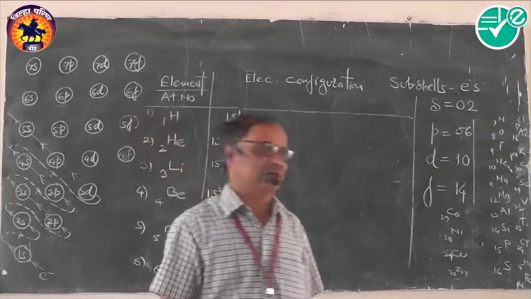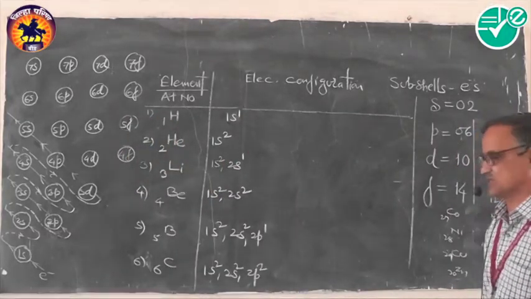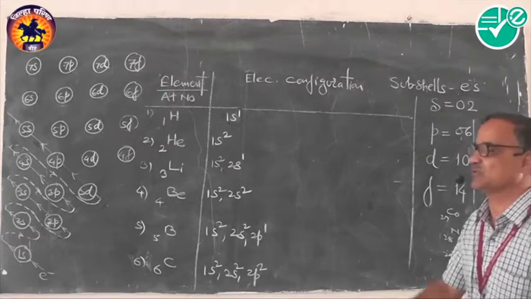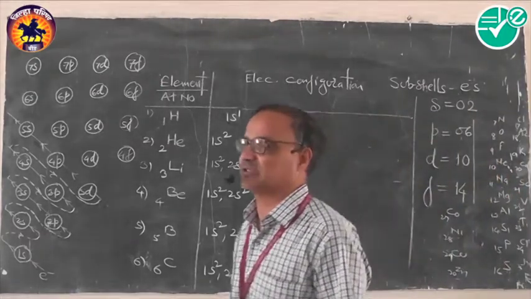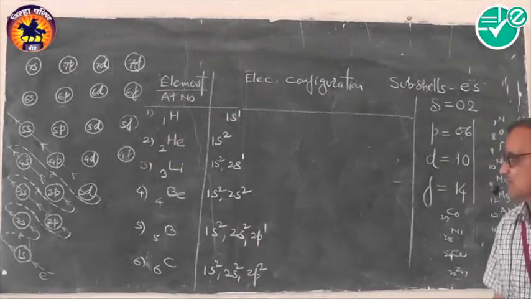To explain the electronic configurations of the first 30 elements, that is from hydrogen to zinc. Zinc has atomic number 30, while hydrogen is the first element in the periodic table.